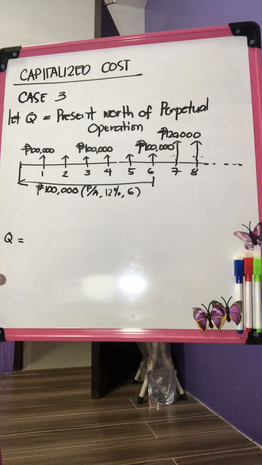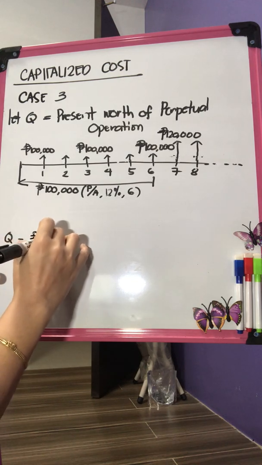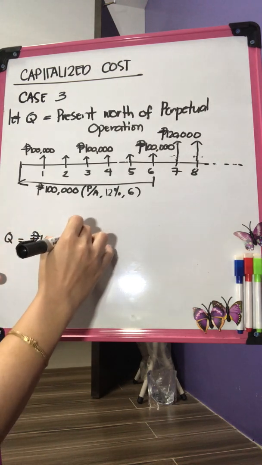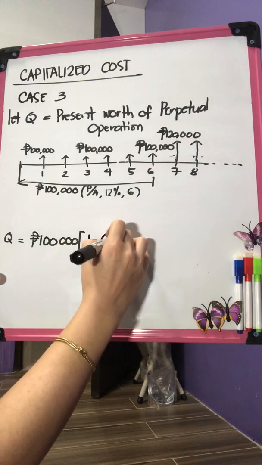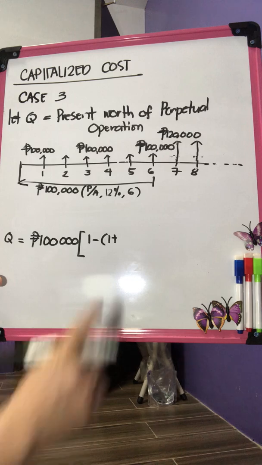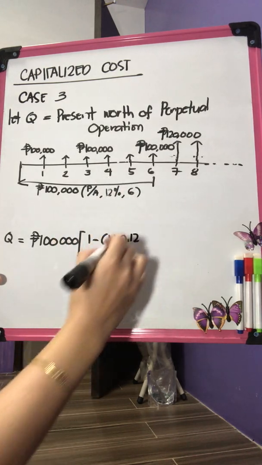So, dito, gagamitin natin yung formula natin for annuity. We have to determine P given yung A which is equal to 100,000. That is equal to 100,000 multiplied by 1 minus (1 plus I) raised to negative n, where I is equal to 12%, kasi ito naman ay annually, so 0.12.